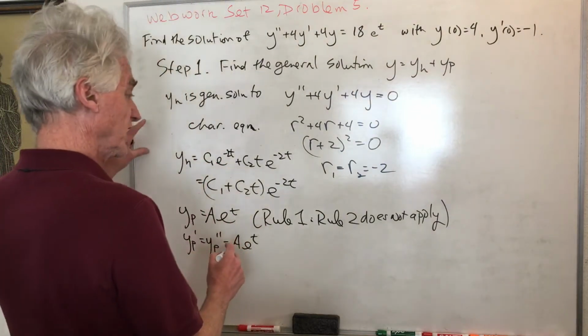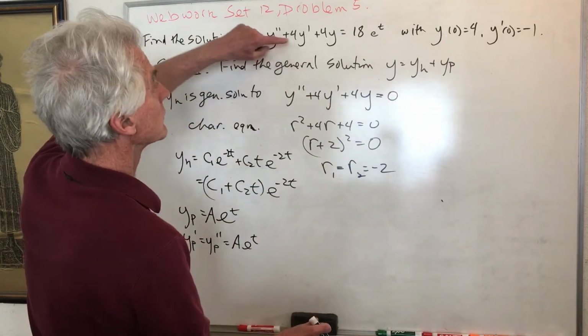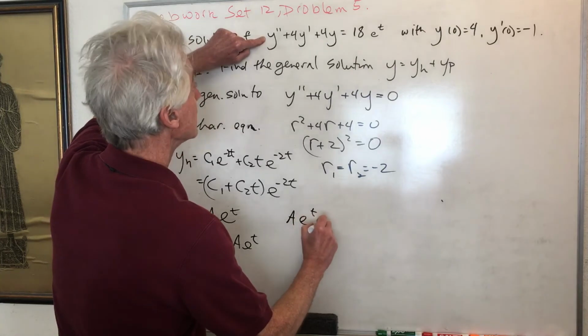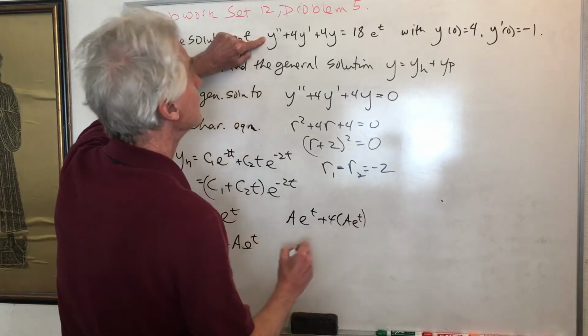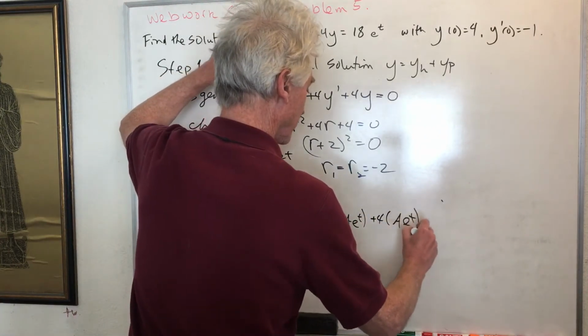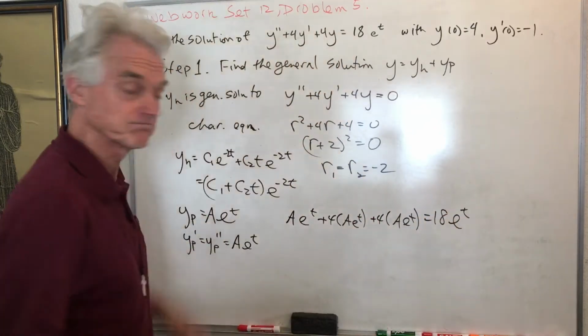All right, so plug this into the non-homogeneous ODE, and I get A e to the t plus 4 times A e to the t plus 4 times A e to the t, and that should be 18 e to the t.